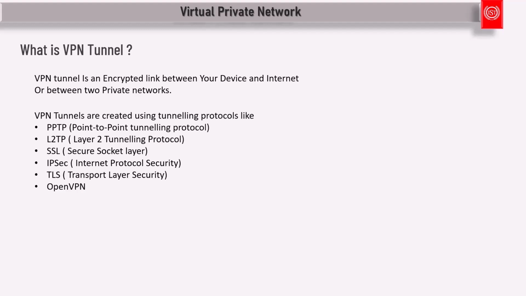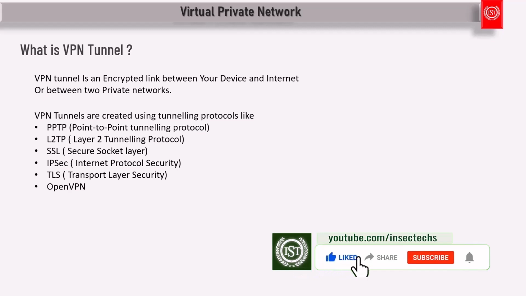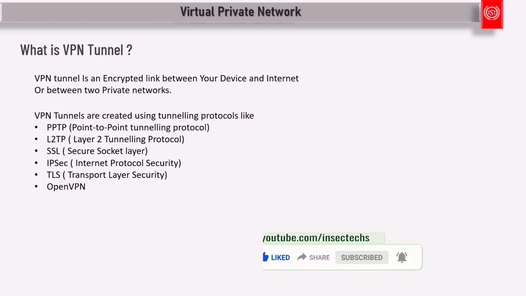A VPN tunnel is an encrypted tunnel link between your device and the internet, or between two private networks. VPN tunnels are created using tunneling protocols like PPTP, point to point tunneling protocol, L2TP, layer 2 tunneling protocol, SSL, secure socket layer, IPsec, internet protocol security, TLS, transport layer security, and OpenVPN.